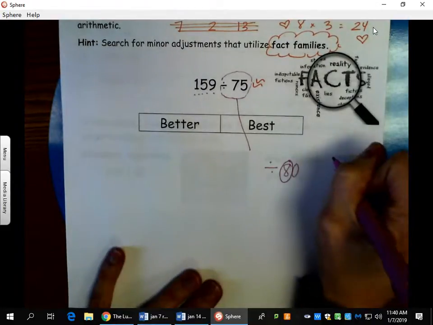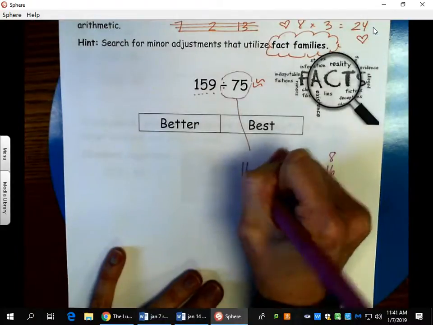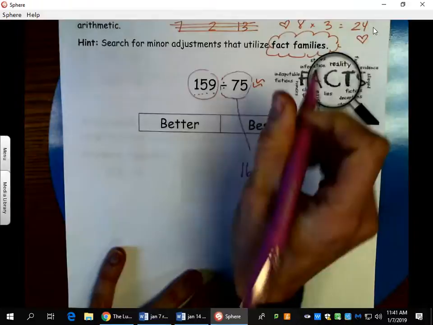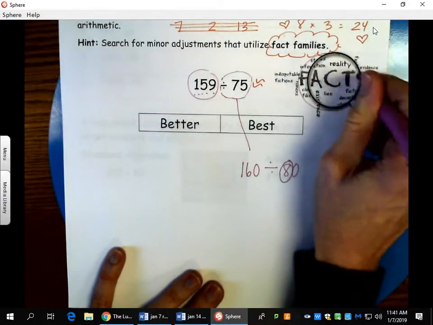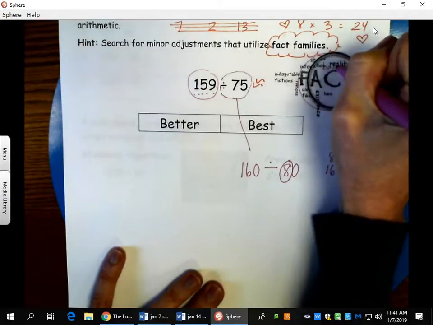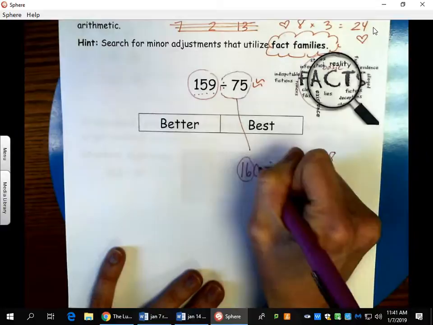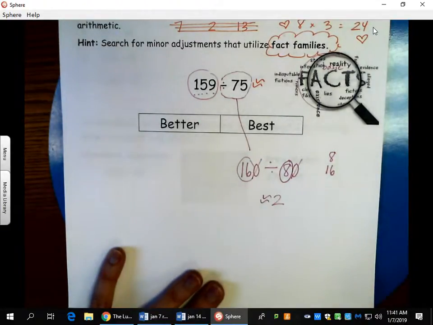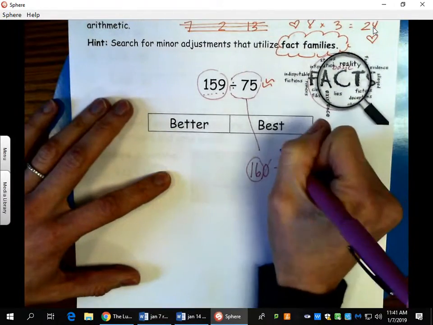If I do the multiples, 8 goes into 16. What if I make the dividend 160? Because, guys, then I'm searching for my basic facts. That's why I put this here. I see 16 divided by 8 is 2. Annex the zeros. The estimate is about 2. That is the best estimate.